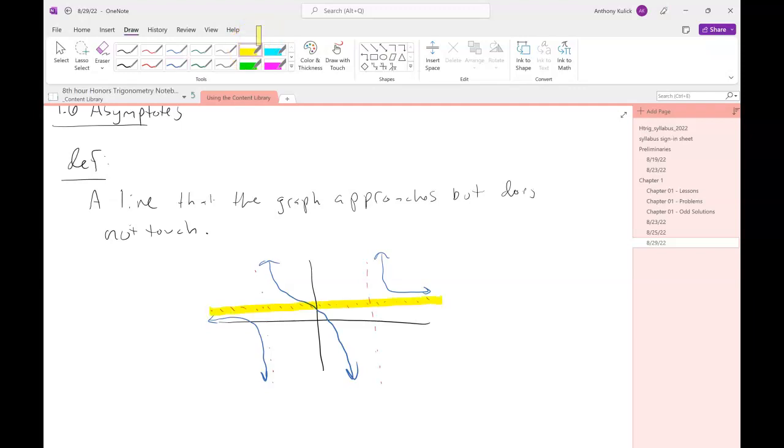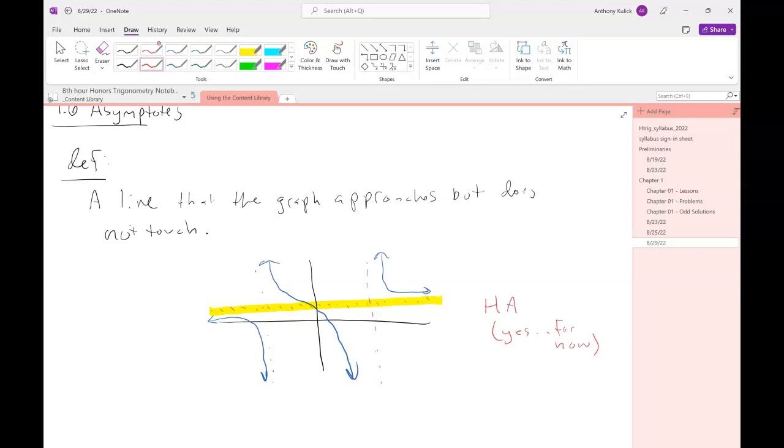Are we going to count this as a horizontal asymptote? Right now we will. Okay, we're not going to be too picky. Technically, this is not an asymptote. Why? The graph crosses it.